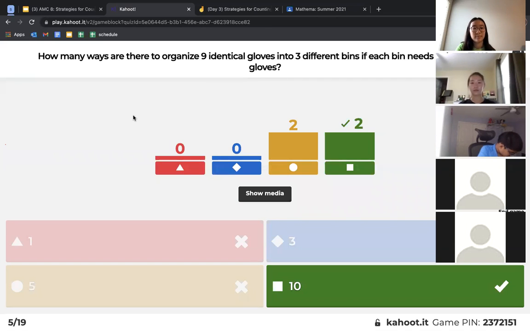So it's 3 plus 3 minus 1, which is 5 choose 2, and 5 choose 2 is 10. So there are 10 ways to put the gloves.